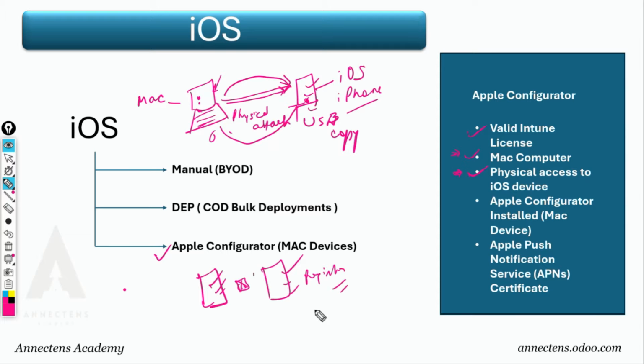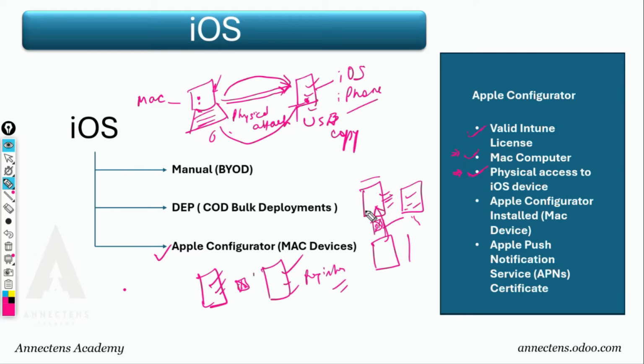But the challenge is that you require one device to which you have physical access. You put it here, scan it through another device, and once this device is configured and enrolled, you leave it, then add another device, configure it again by scanning the code, and complete the enrollment. This is very hectic and a very tedious task.